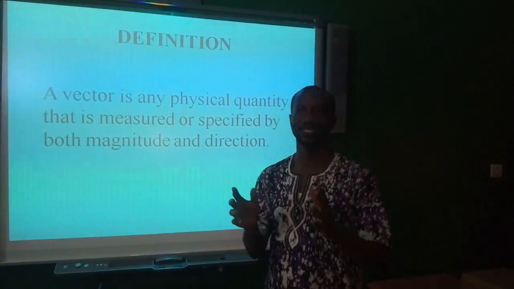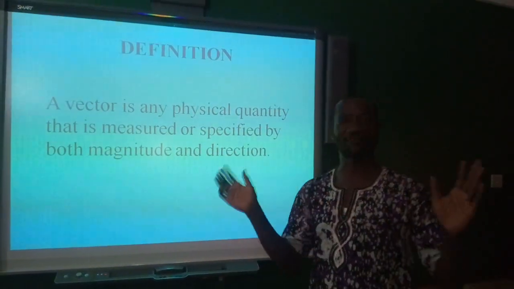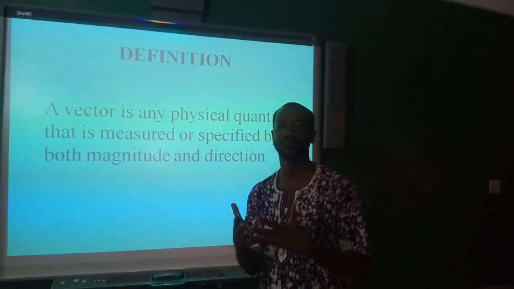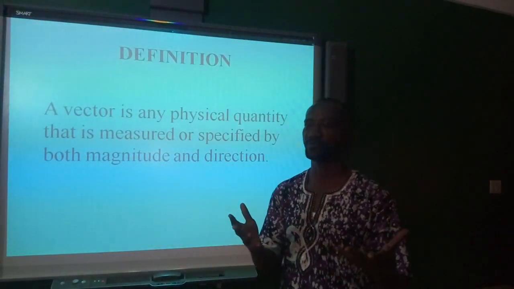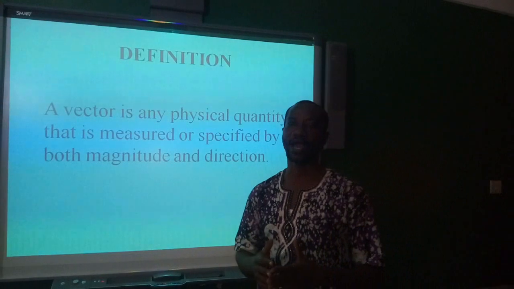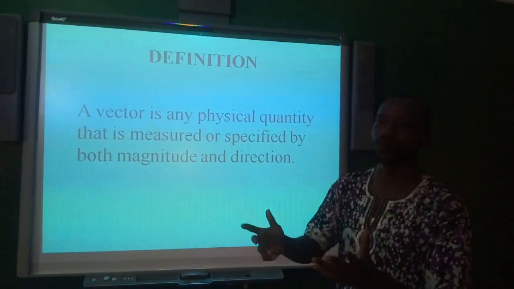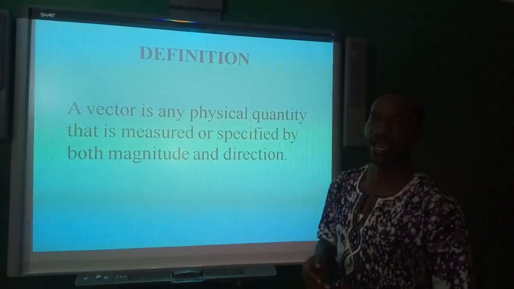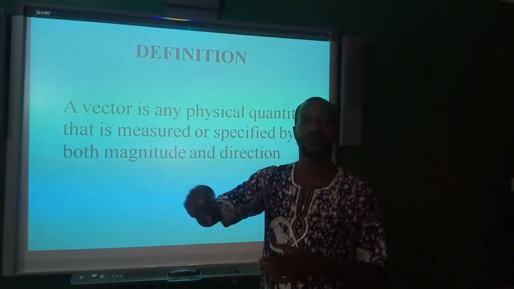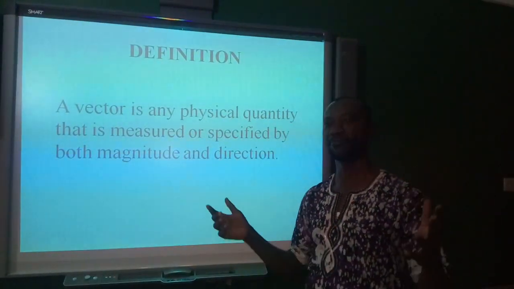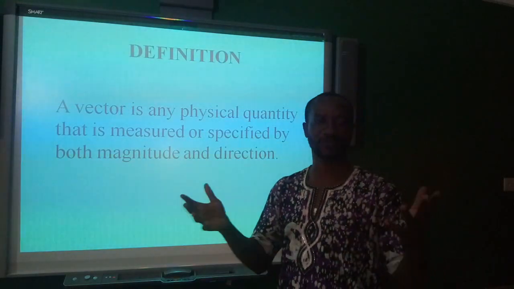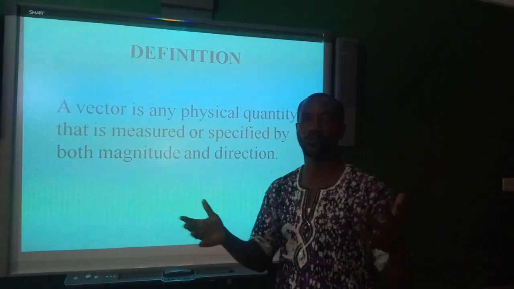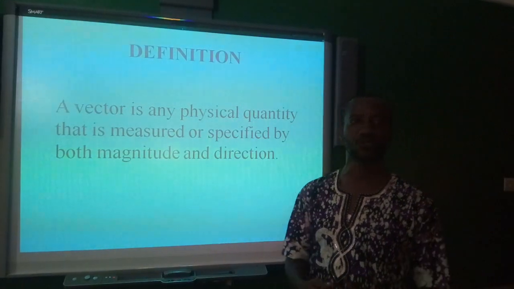There are others that only one number cannot describe. You need two of them. Let's say, for example, you are standing somewhere and you want to locate your friend. The friend tells you that I am 20 meters from where you are standing. So where are you going to pass to get the person? Are you going to go right, left, backwards or forward?